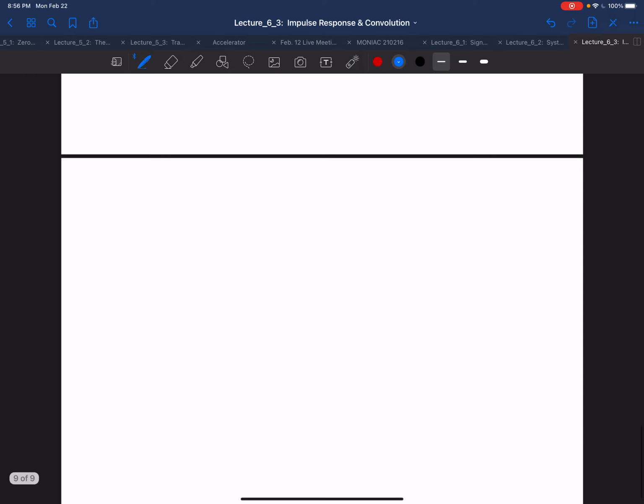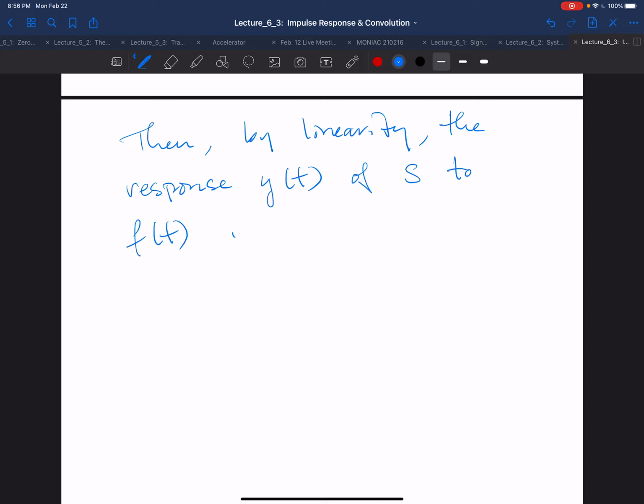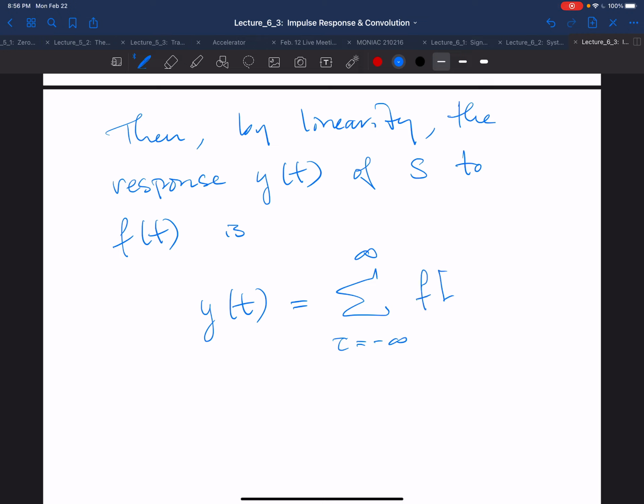In that case, by linearity, the response y of t of our LTI system S to f of t is going to be a linear combination of the same form as the one given above, except where we replace the impulses by these responses to the respective impulses.